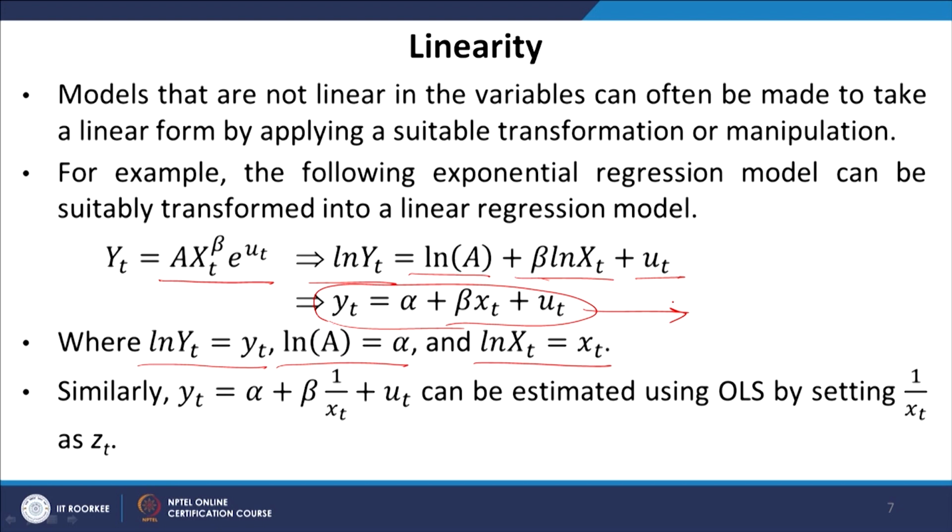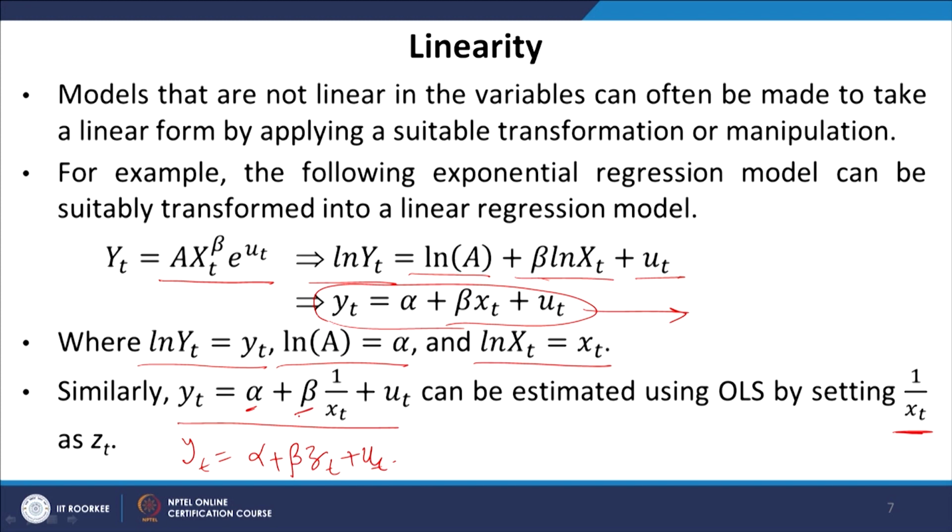Similarly, if we have a regression model like y_t equals alpha plus beta times 1 upon x_t plus u_t, then this can be estimated using OLS by setting 1 upon x_t equal to z_t. In that case this model will simply look like y_t equals alpha plus beta z_t plus u_t. So, z_t is a variable which is originally 1 upon x_t. Now, renaming 1 upon x_t as z_t does not impact alpha or beta.